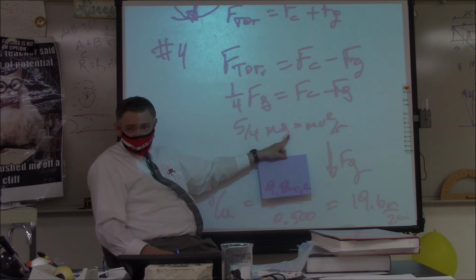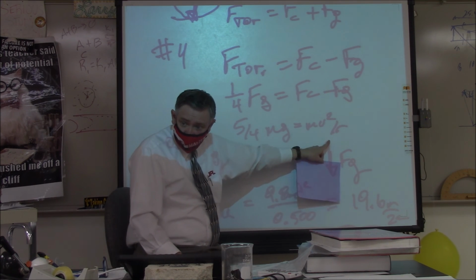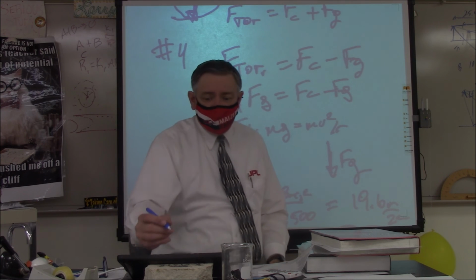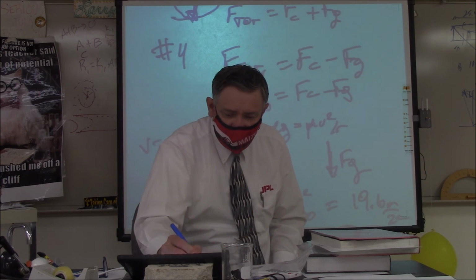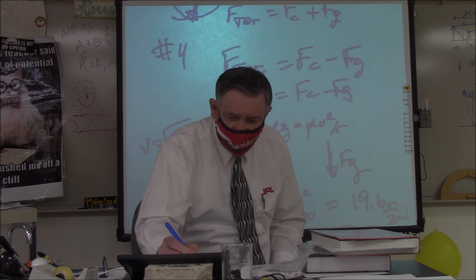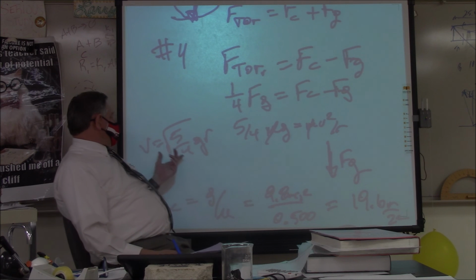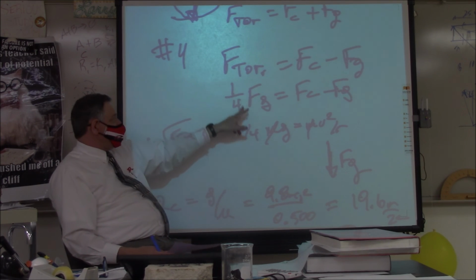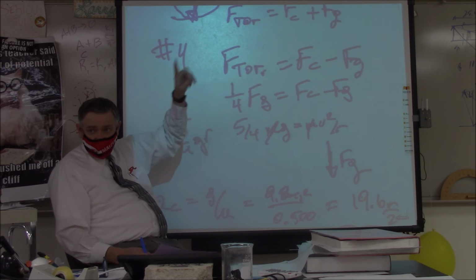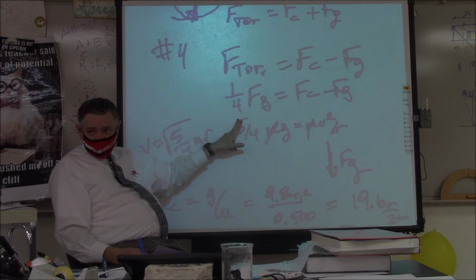Fg is just mass times gravitational acceleration, and this is mv squared over r. Again, the mass cancels out, so you get v equals the square root of 5/4 gr. This tells you how fast you have to be going to experience 1/4 of your weight at the top of the loop.